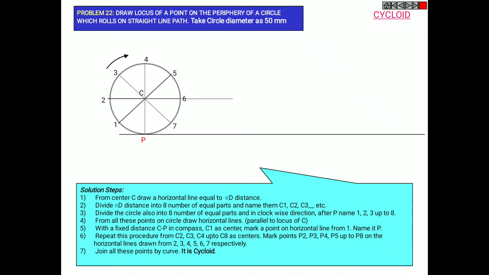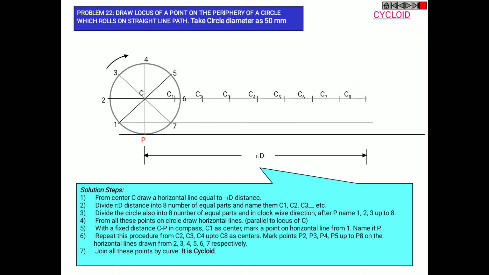Similarly, divide the line also into 8 equal parts, and name them as C1, C2, C3, so on to C8. From all these points on the circle, draw horizontal lines parallel to locus of C. So 1 to 7 is a parallel line, again 3 to 5, again from 4.